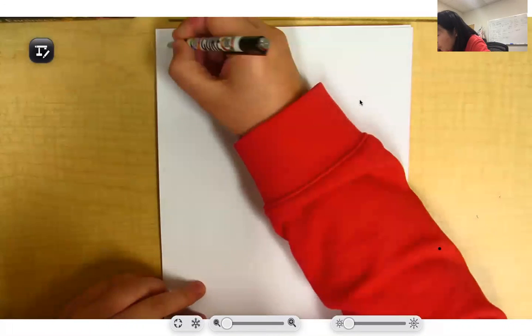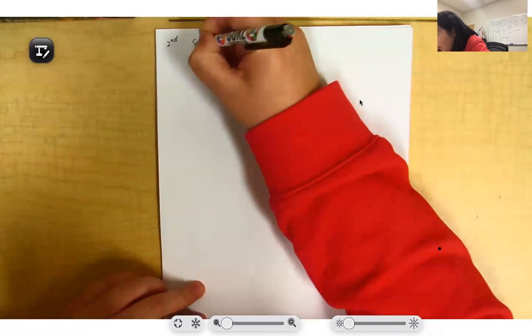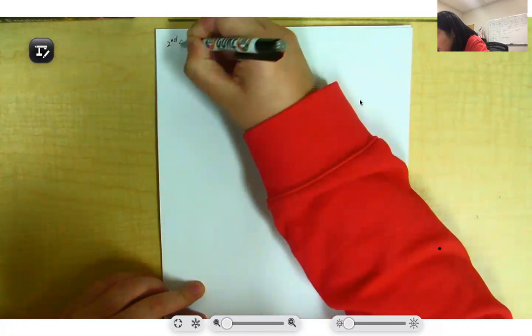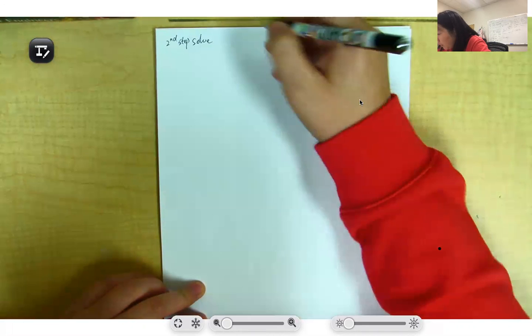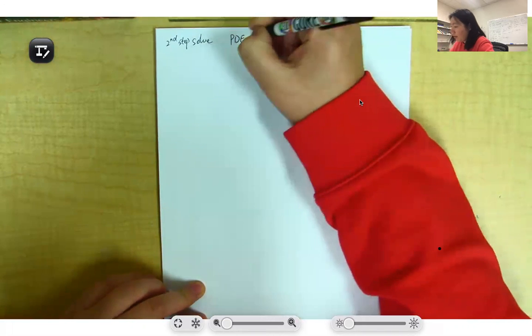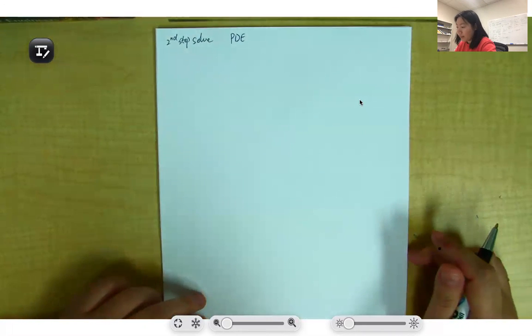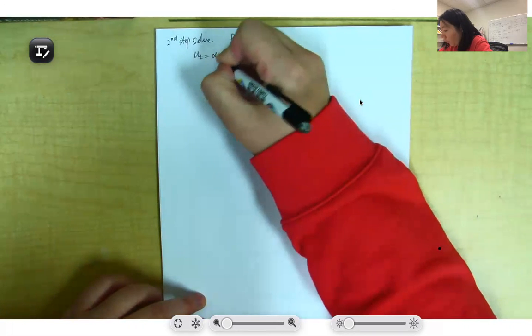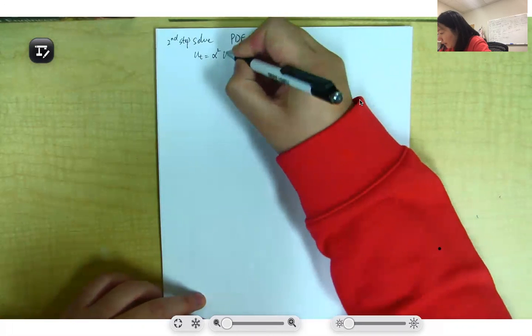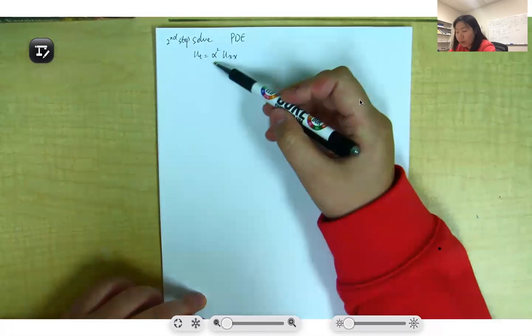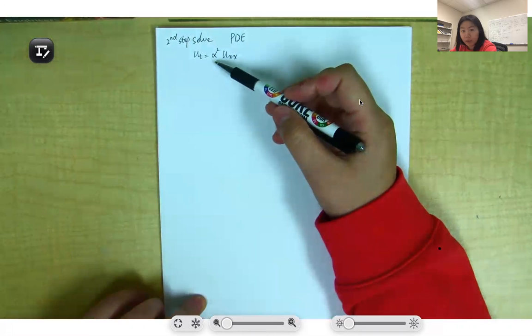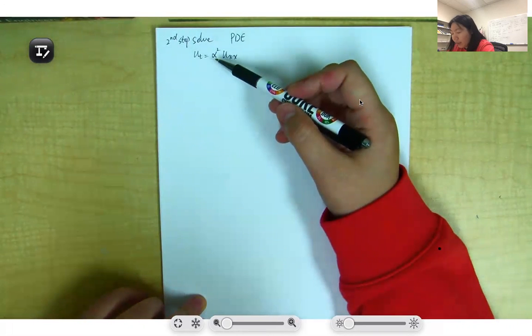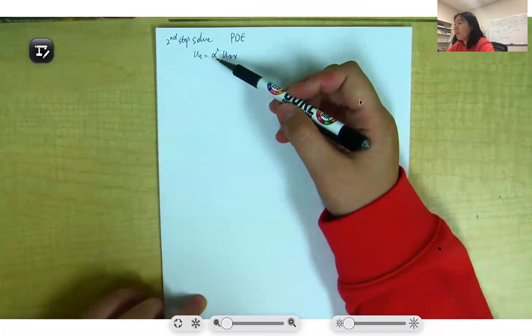So the second step is solve PDE. Basically, we want to ask this PDE: Ut equals alpha squared Uxx. As we mentioned, this alpha squared is actually the effective heat transfer, effective thermal conductivity.